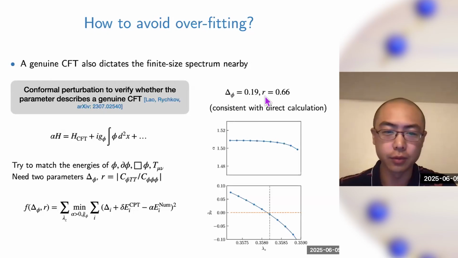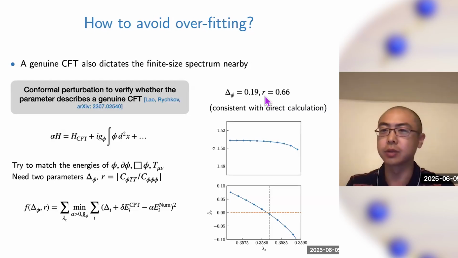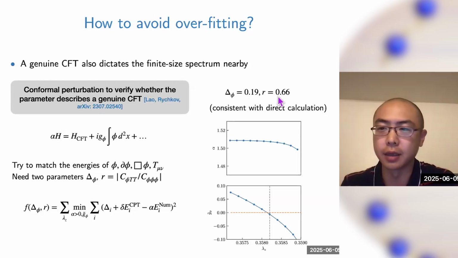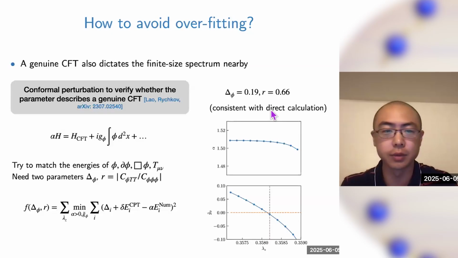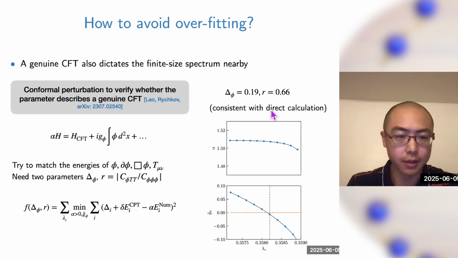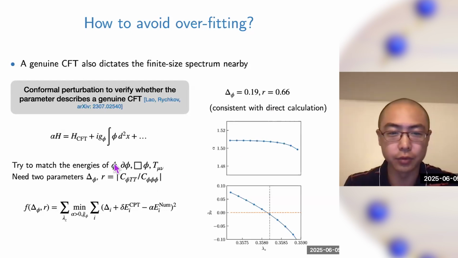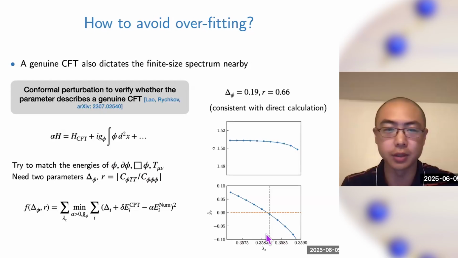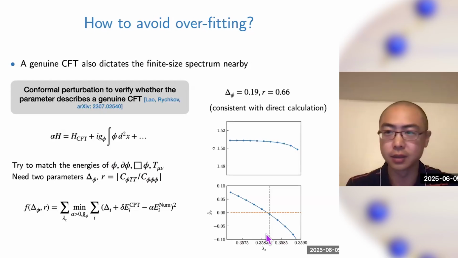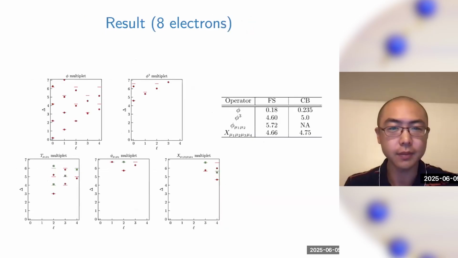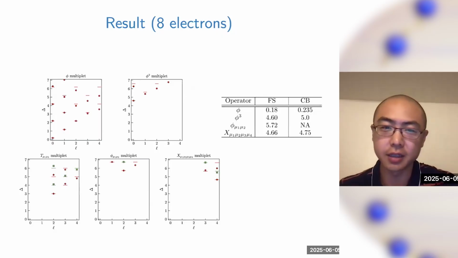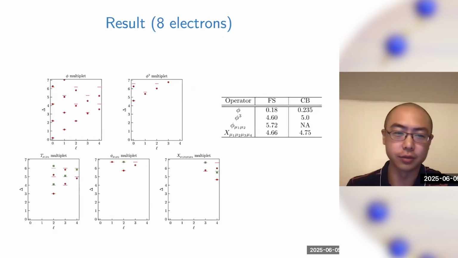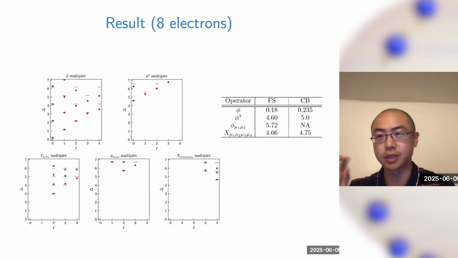So at least my personal take is that this is just a sanity check of the result obtained from the direct calculation and shouldn't be viewed as a more reliable answer, because what states you want to choose and what window you want to use here, there's a lot of art in it. But anyway, at least the parameter have passed this sanity check. So we are able to resolve the spectrum a little bit and try to say something more.